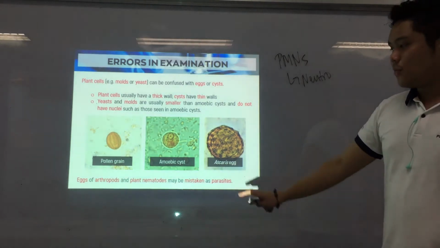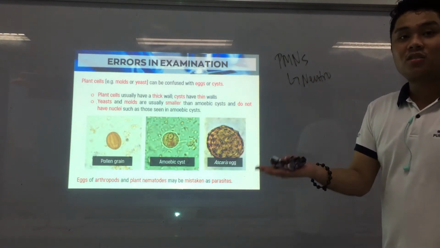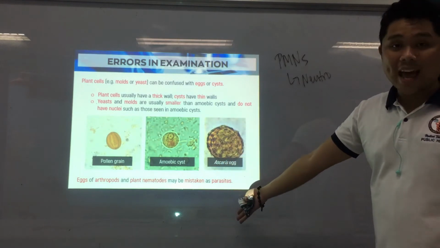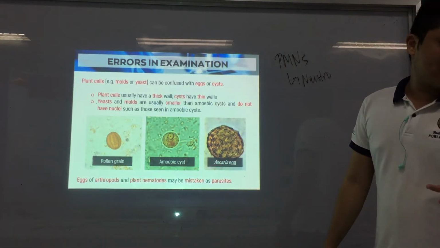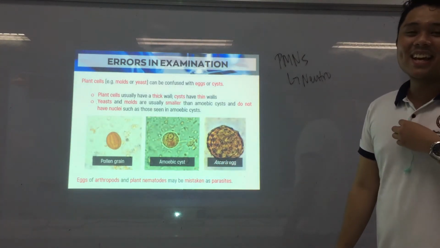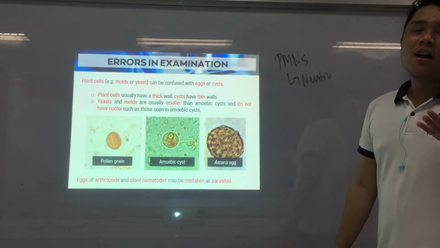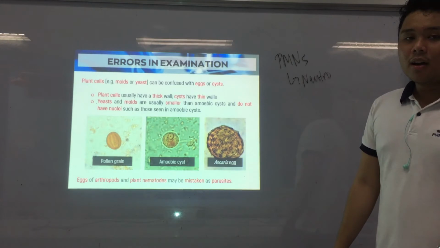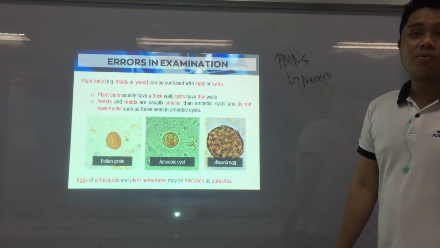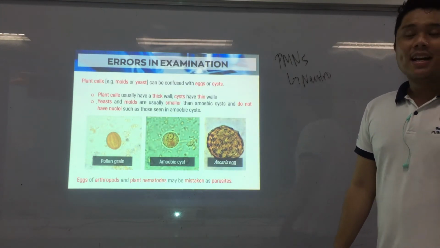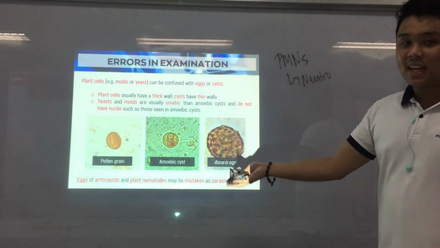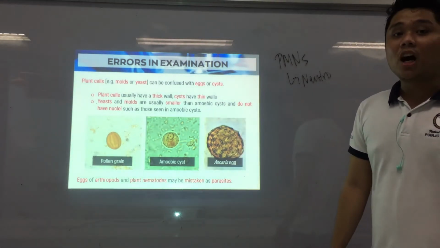So if you see other constituents that you think are eggs of arthropods or plant nematodes, since we do not discuss that, because again we're focused on the nematodes or parasites that affect man, you could always ask for a second opinion from your colleague, like a co-medtech, or from your pathologist, whether what you've seen is important, or maybe it's just an artifact.